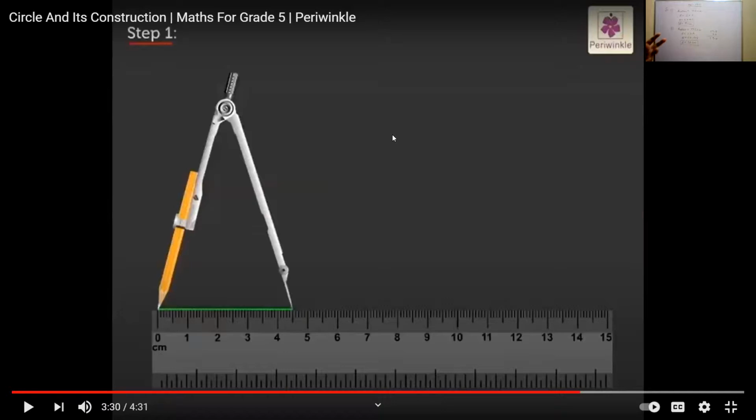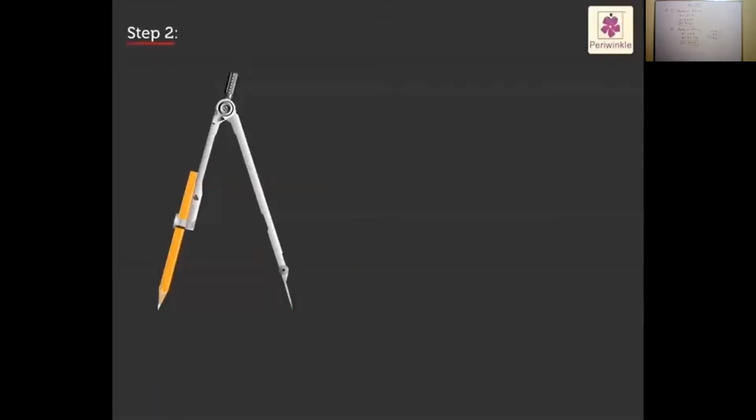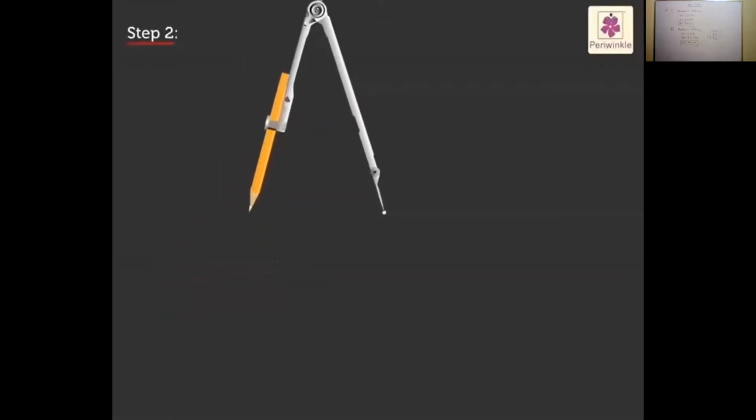So now you take a measurement of 6.5 centimeter. Measure it, and then you construct a circle like this. Centimeters. Step 2: Place the point of the compass on a fixed point.